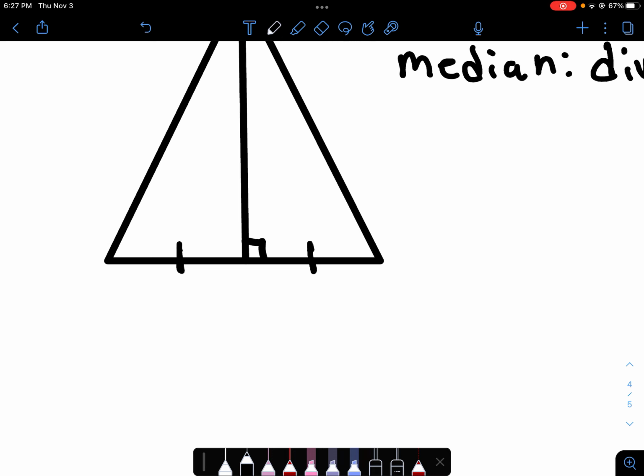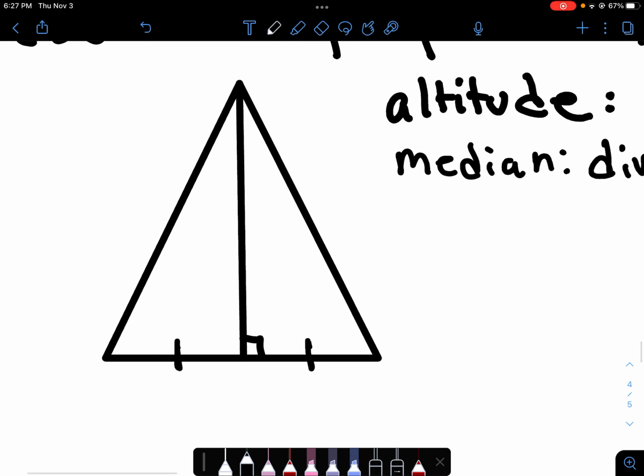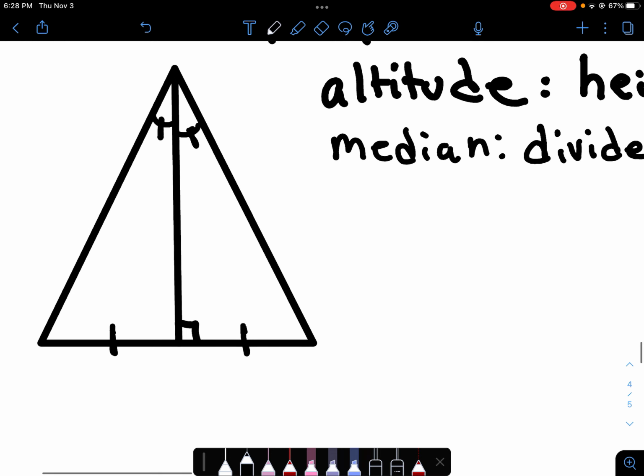And then finally, this really special line, honestly, it's so talented. It also splits these two angles. They're equal, basically. They're congruent. These two angles are congruent, and that is called an angle bisector.